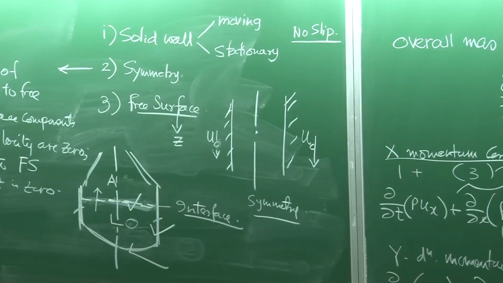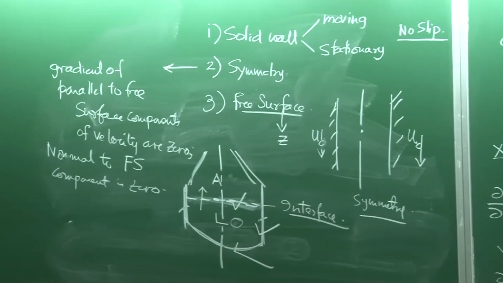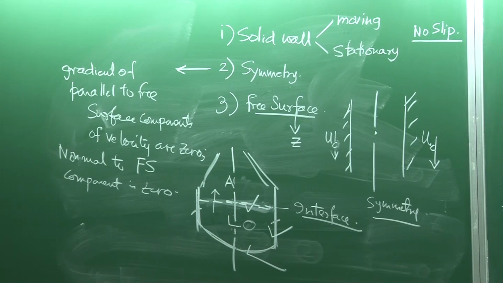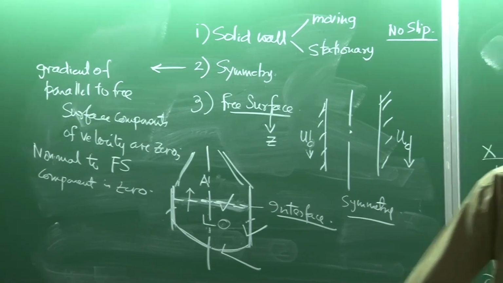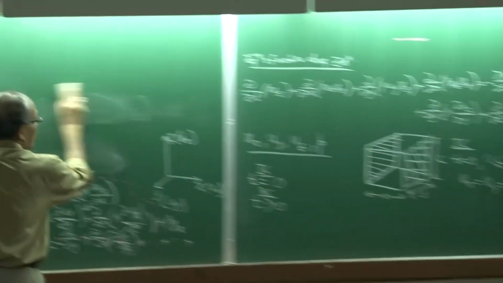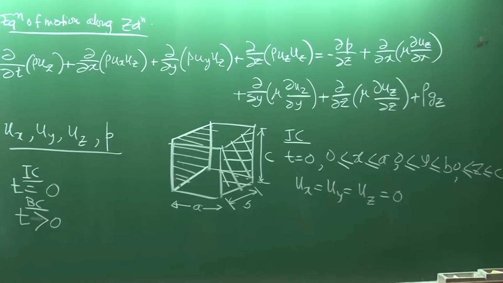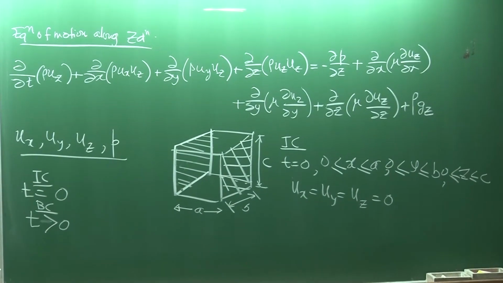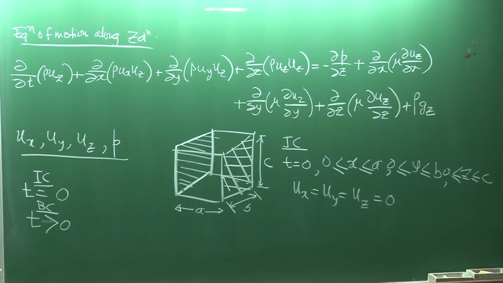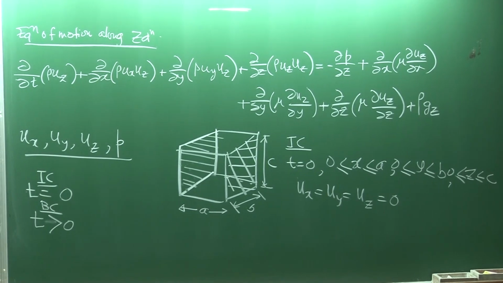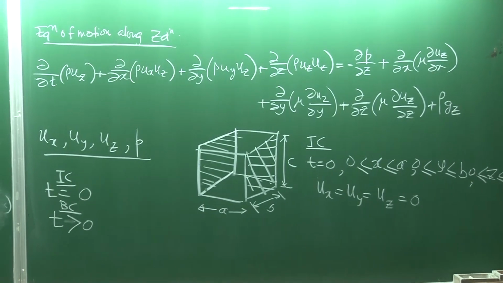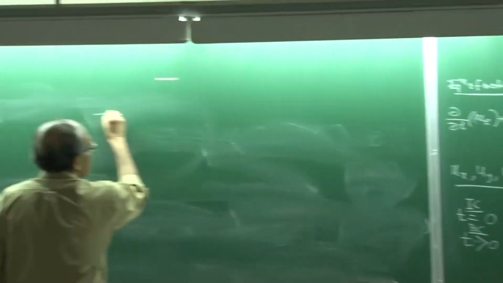Now, for example, if you consider flow between 2 parallel plates, a very simple kind of flow. Suppose this is a parallel plate and this is a parallel plate.